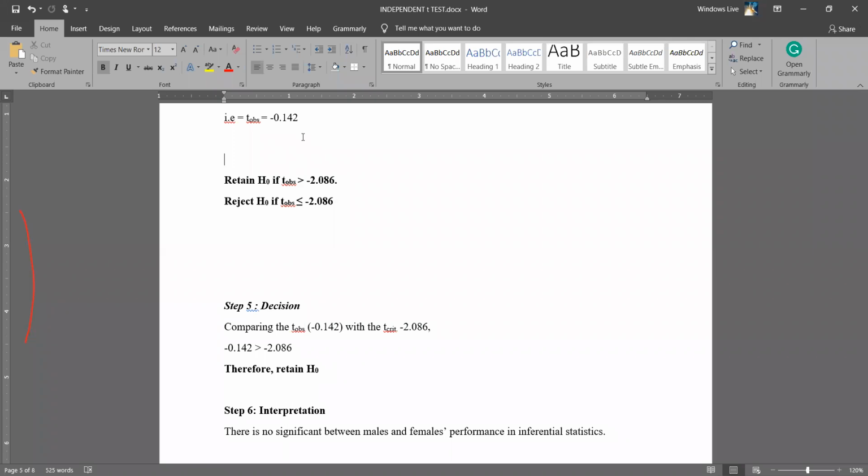It's greater than. So we select this rule, because per this rule, if T observed is greater than minus 2.086, we retain HO.